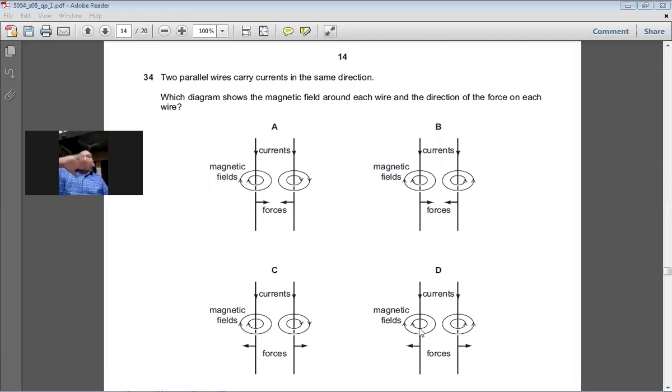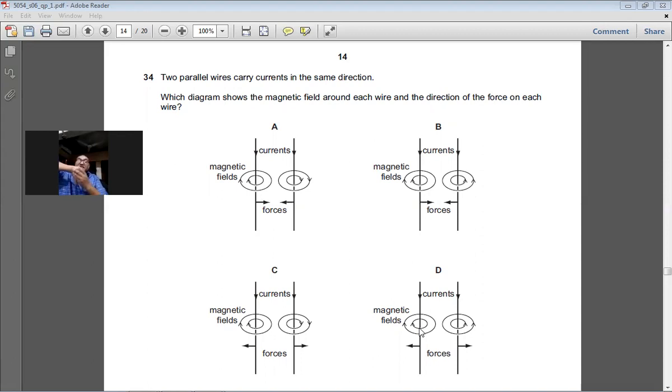According to the right hand rule, hold this conductor in your right hand in such a way that your thumb is pointing in the direction of the conventional current. Then the curls of your right hand are showing the direction of the magnetic field. I am checking it in the A figure. The thumb is pointing downward.